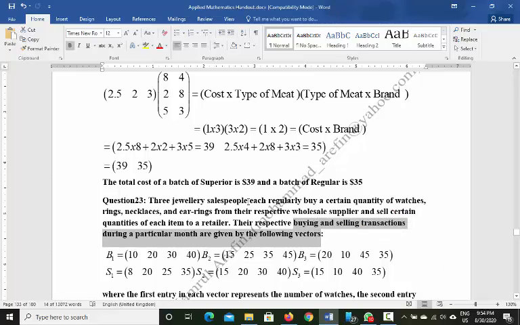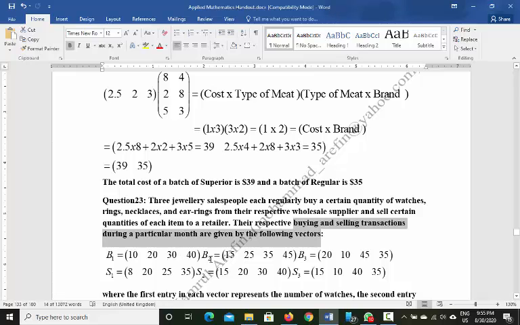B1 is the buying pattern of the first salesperson, and S1 is the selling pattern of the first salesperson. We have a total of 3 salespeople.